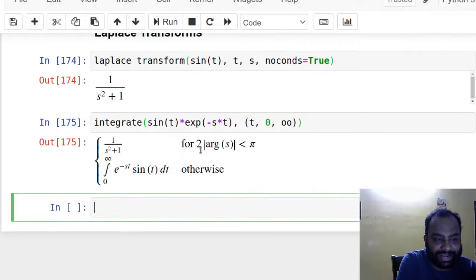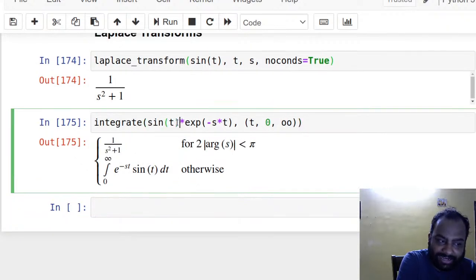It shows me certain conditions under which the result is valid. So if I integrate this, it shows me that the result is 1 by s square plus 1, where the modulus of the argument of s times 2 is less than pi.